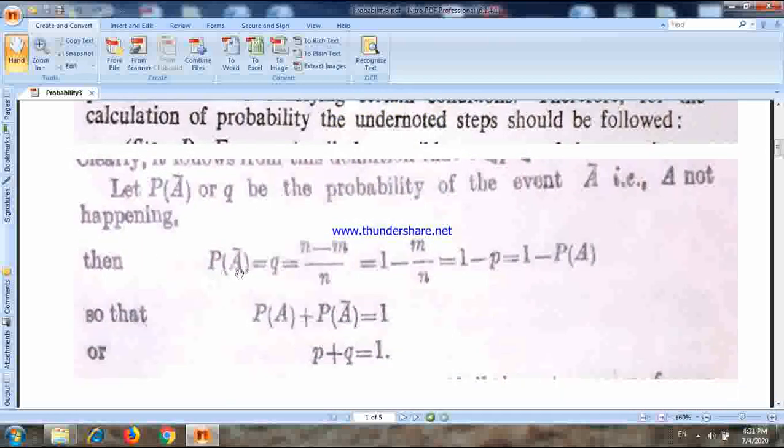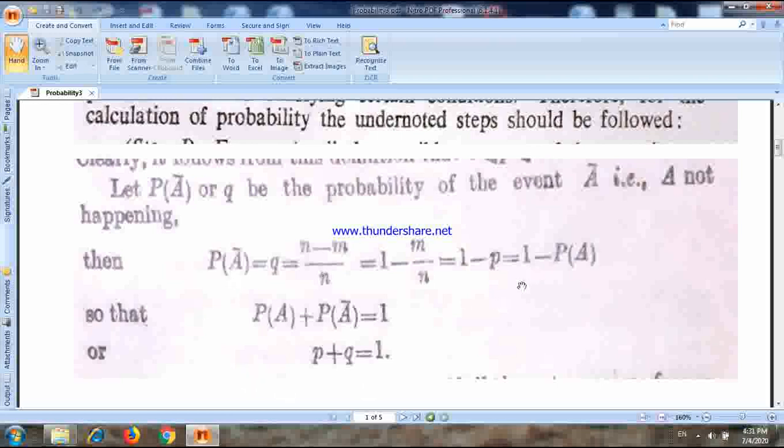So P(A bar), that means probability of non-occurrence of the event A, is given by (n minus m) upon n, because n minus m outcomes are favorable to the event A bar, or we can say that n minus m outcomes are not favorable to the event A. So P(A bar) equals (n minus m) upon n, or I can say just 1 minus m upon n, or 1 minus p, or 1 minus P(A).